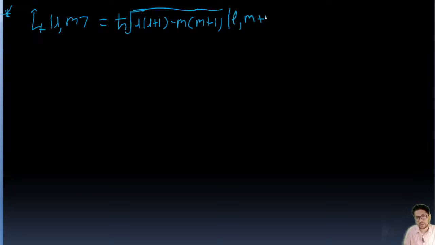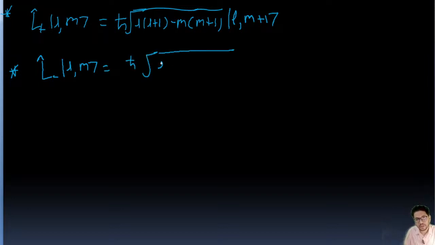So m will change by 1; it is an increase of 1 in m. Similarly, for the L minus ladder operator on L m, the value is h cut root L into L plus 1 minus m into m minus 1, and the state is going to be L comma m minus 1. So m will get decreased by 1.